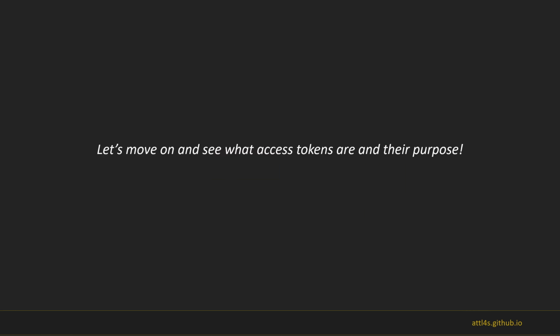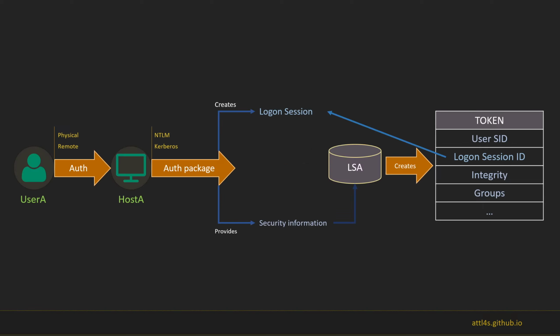So finally we are going to see what access tokens are. If we remember, when we authenticate, a new Logon session is created, and then information about the user is sent to the LSA component to create a new token.